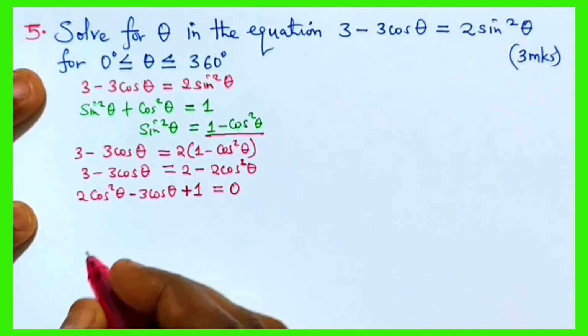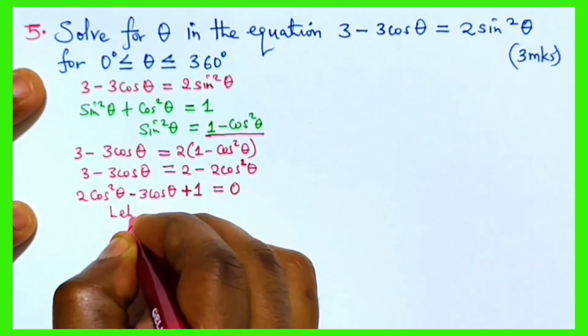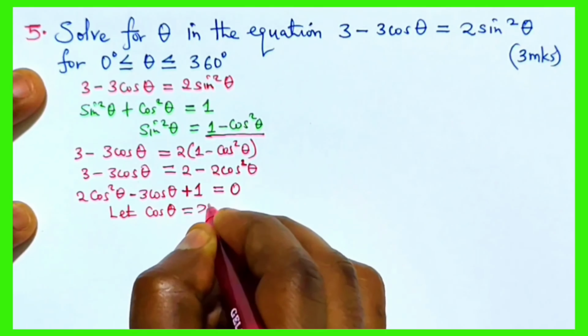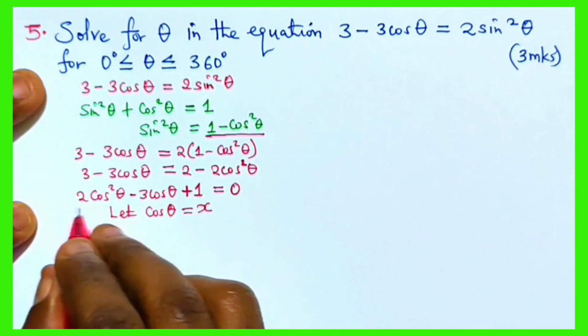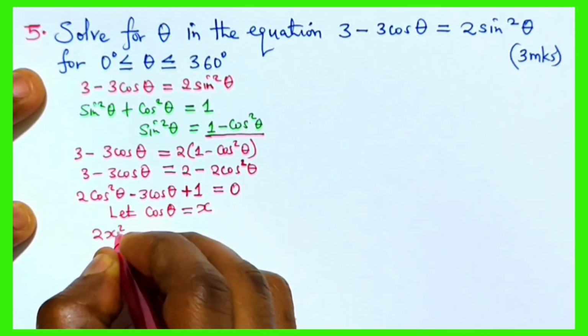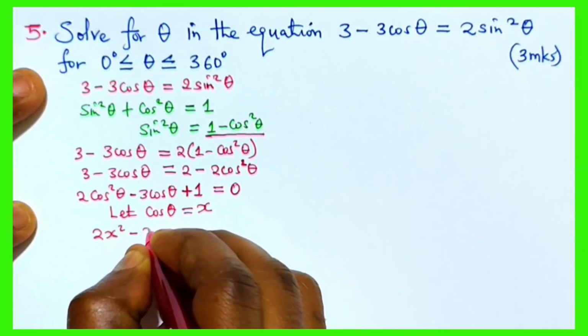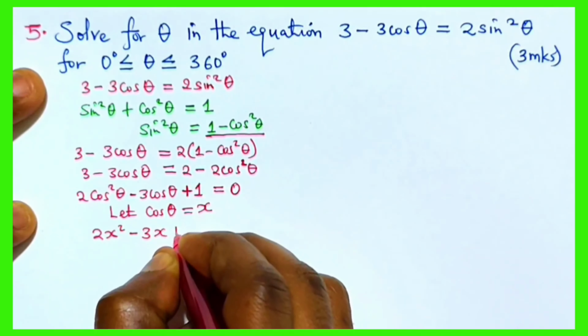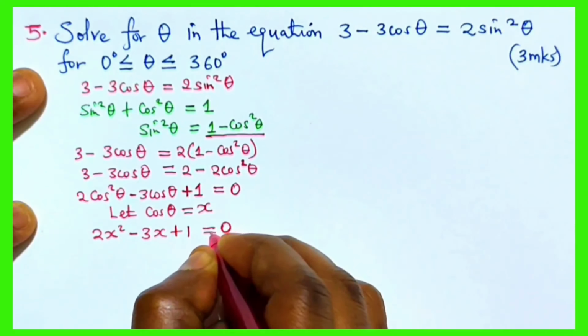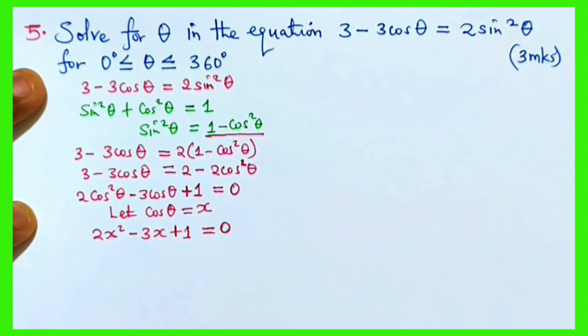In our next step, we are going to let cos theta be equal to x, and therefore in the equation we'll end up having 2x squared minus 3x plus 1 equal to 0, and therefore we've got a quadratic equation to solve here.